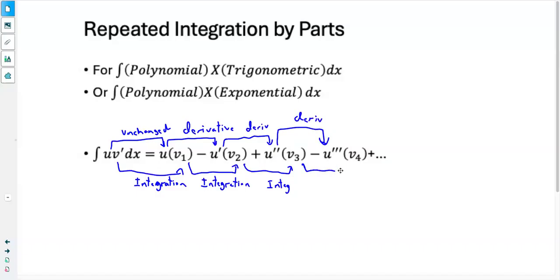Well, this term, we are once again going to take the integral. Now you'll notice with both of these, our u is that starting function, so it's going to be our polynomial. Our second function is going to be either trig or exponential.